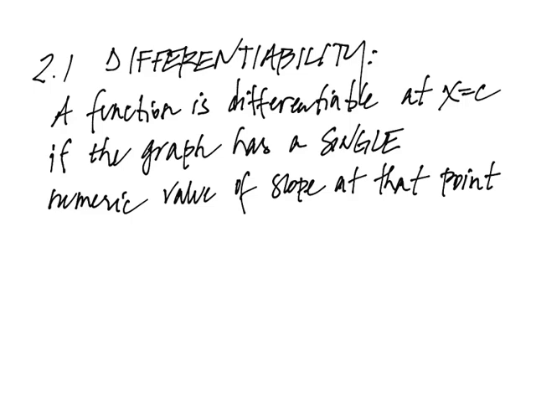A function is differentiable at x equals c if the graph has a single, very important, numeric, also very important, value of slope at that point.